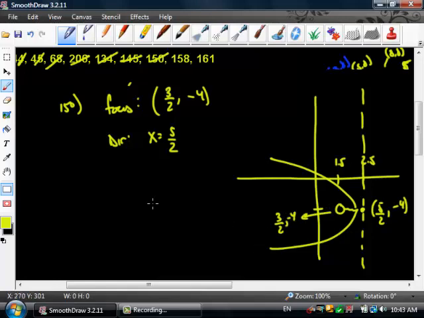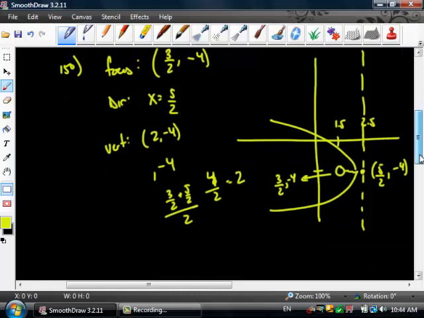So we have to use the midpoint formula for that one. I know my y-coordinate is going to be negative 4. But let's find out our x-coordinate. That's going to be 3 over 2 plus 5 over 2, over 2. That's 8 over 2, so that's 4 over 2. That should be 2. So my vertex is going to be 2 comma negative 4.